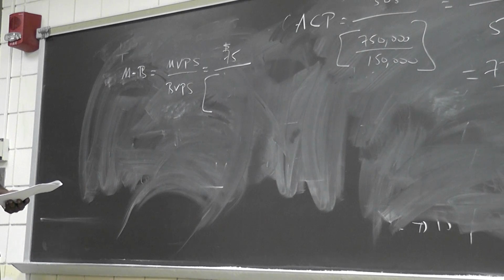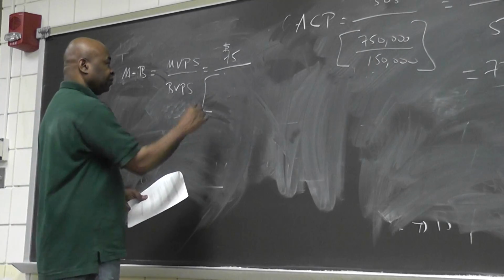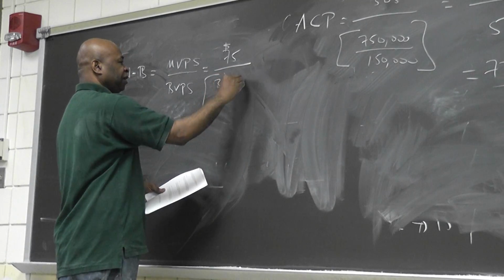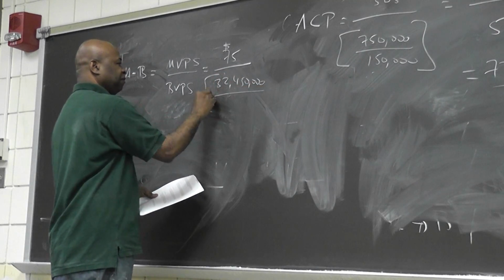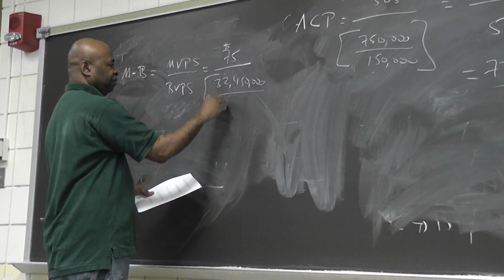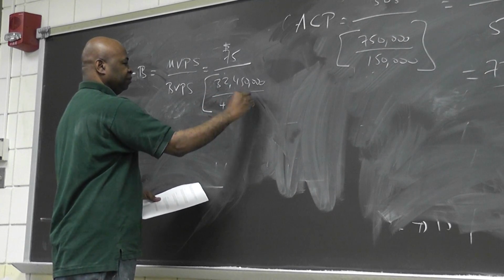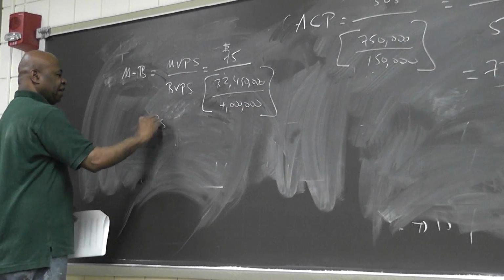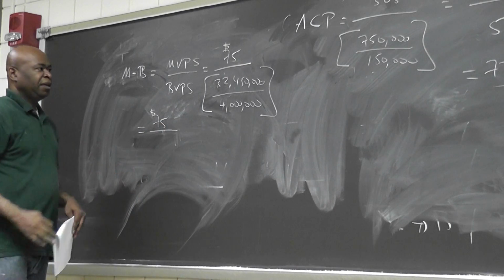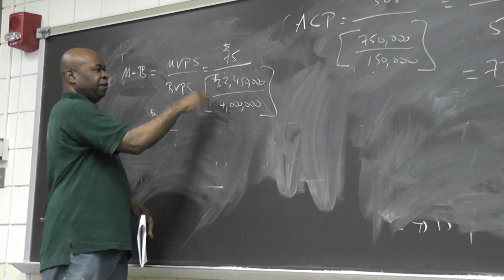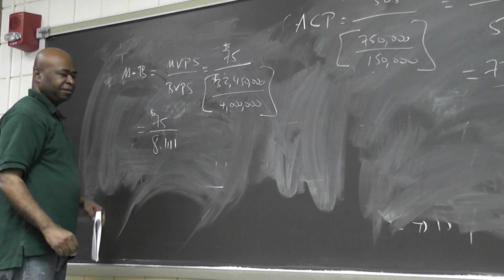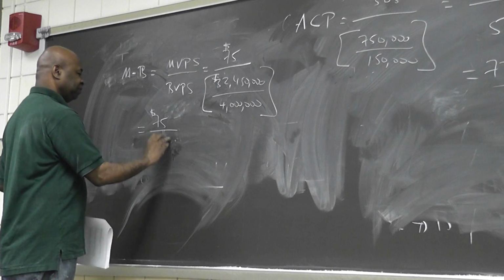Total equity, 32 million 450,000, divided by 4 million shares. And then we get 75 divided by 8.11125.